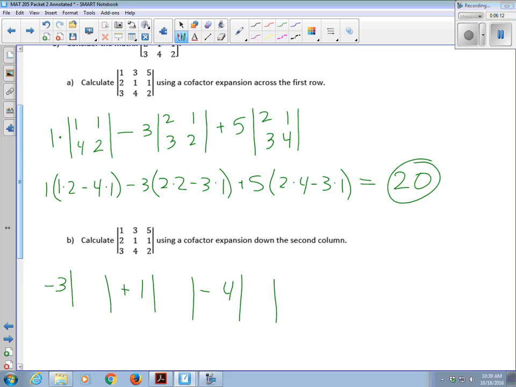So for the 3, cross out the 3 row and column, and I'm left with 2, 1, 3, 2. And then for the 1, cross out its row and column, and we've got 1, 5, 3, 2. And then for the 4, cross out its row and column, and I have 1, 5, 2, 1.